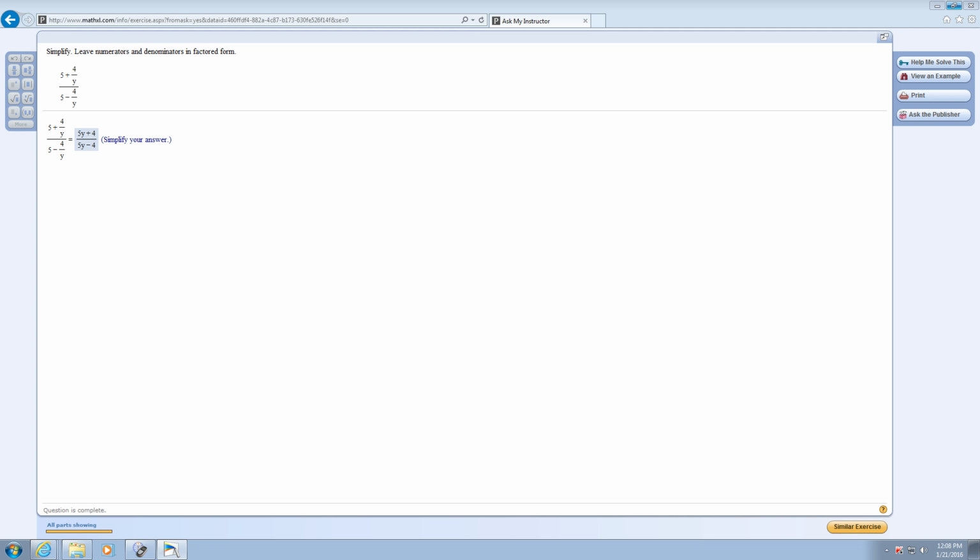What's up top? 5y plus 4 over what? 5y minus 4. About y squared minus what?